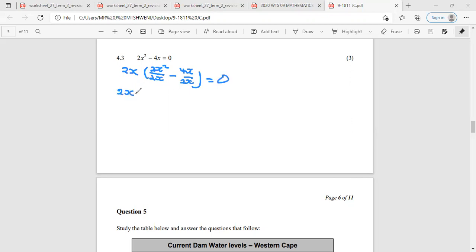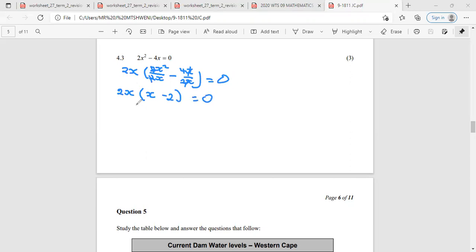Then you write 2x. This cancels that. Then x squared divided by x: dividing powers of the same base, subtract the exponents. So you're going to remain with x. 4 divided by 2, you get 2. X cancels x.